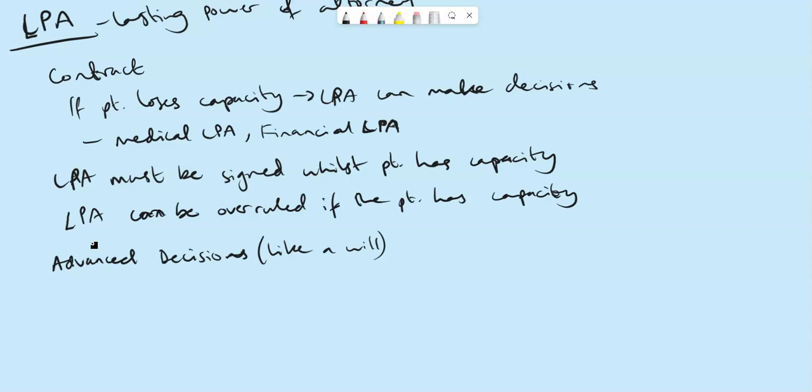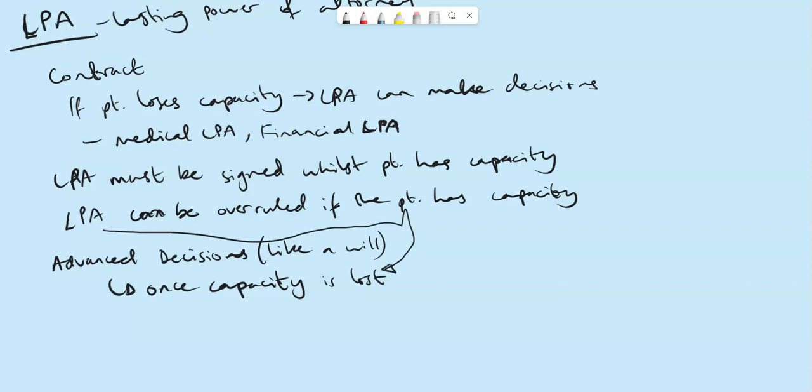So what you can do is refuse treatment. You can never demand treatment, but you can always refuse it if you have capacity. So an advanced decision is about refusing treatment, and what your preferences would be later on in life should you lose capacity. This will only take place once capacity is lost. Same thing with the LPA. The LPA only takes place once the capacity is lost.